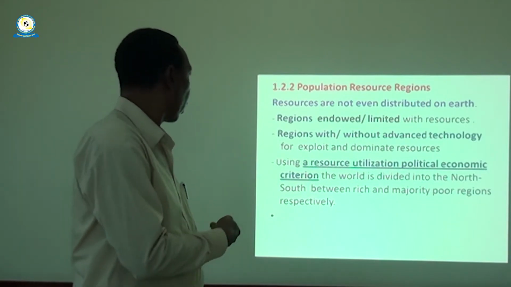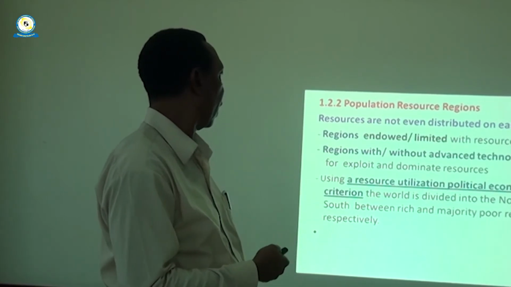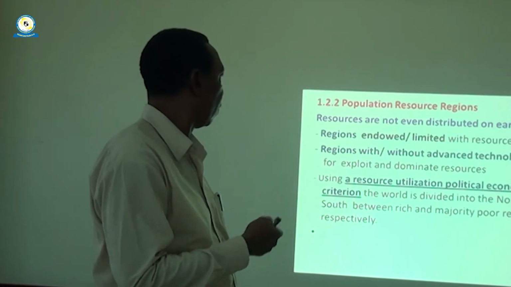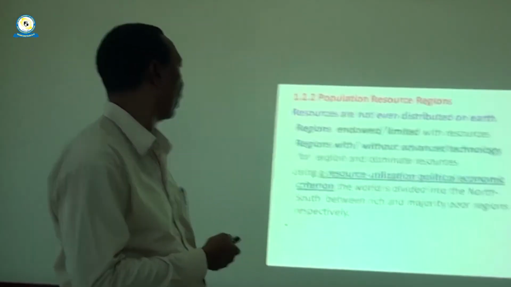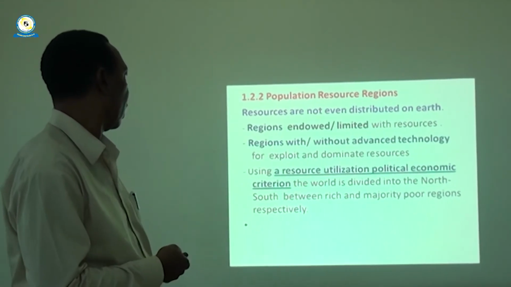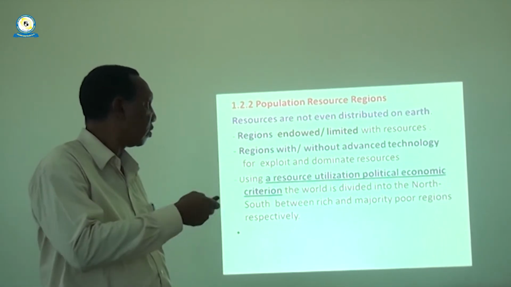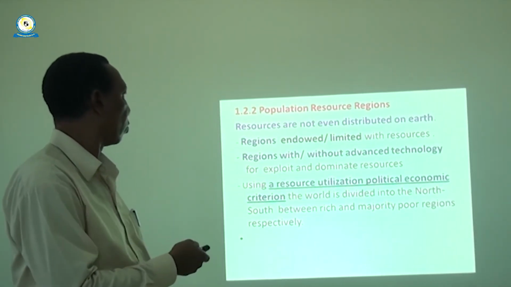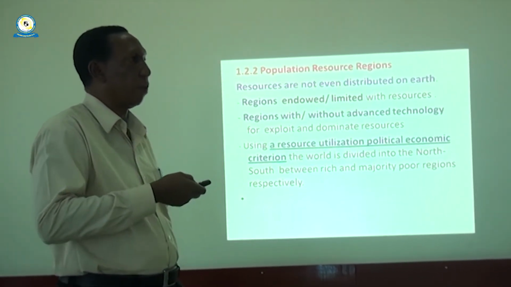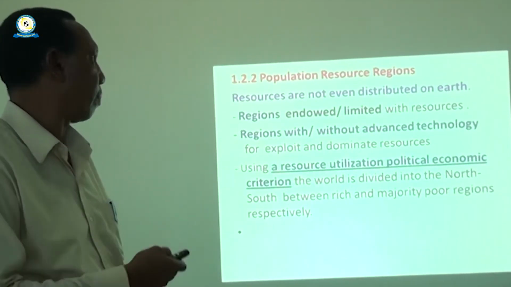We also have regions which have advanced technology, like the developed countries, but we have developing countries which have little or no advanced technology for exploitation and dominance of resources. So these variations are the ones which actually make population resource regions differ in terms of socio-economic development.